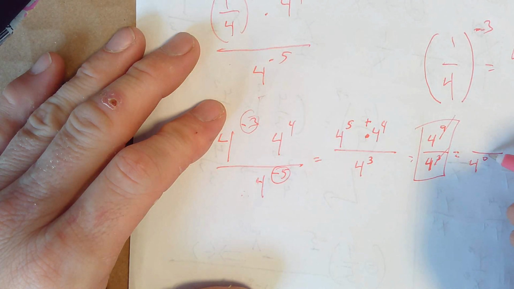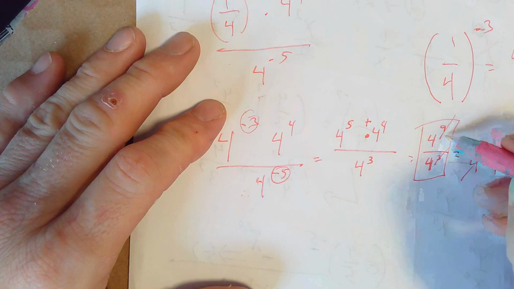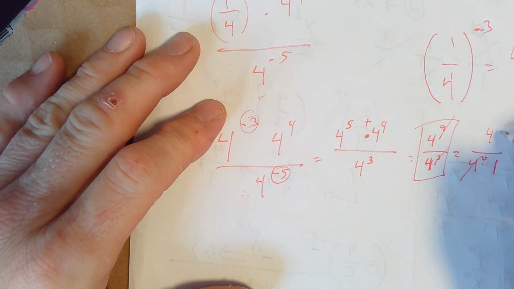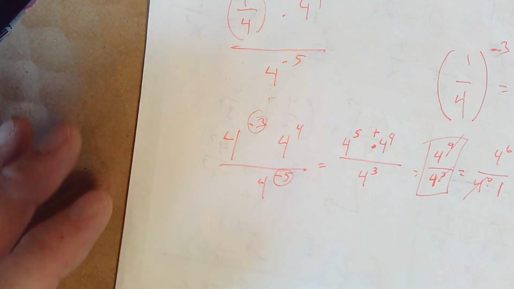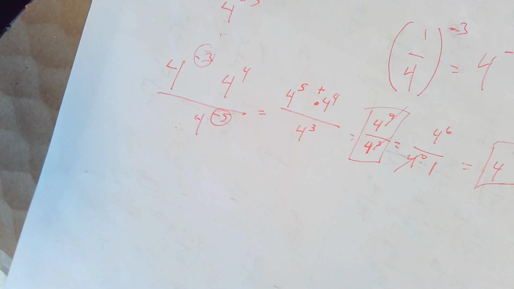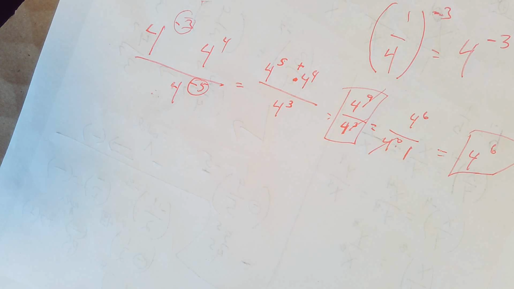When that one reaches 0, it becomes a 1, and this one is now going to only have 6 lives left, and it is now 4 to the 6th. And there you go. That is how you finish that one up. I hope that makes sense, and I hope you enjoy this episode of Exponents.